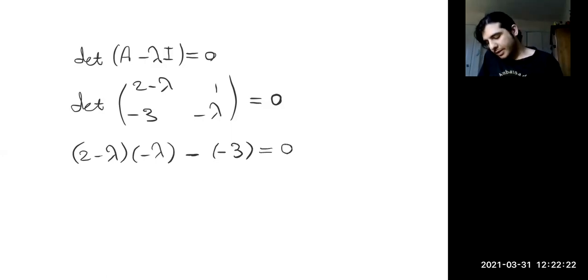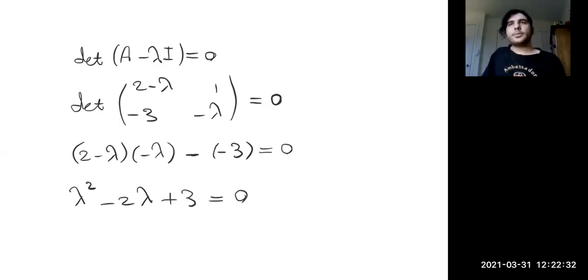If we do the multiplication, we get lambda squared minus 2 lambda plus 3 equals 0. So we get a polynomial for lambda, and if we solve it, the solutions are the eigenvalues of the matrix, right?